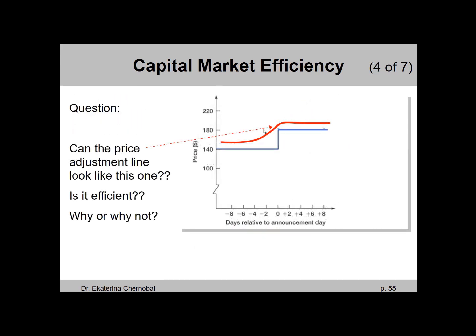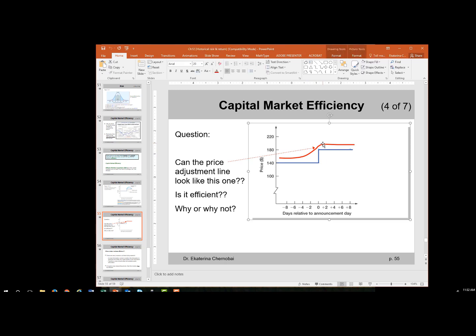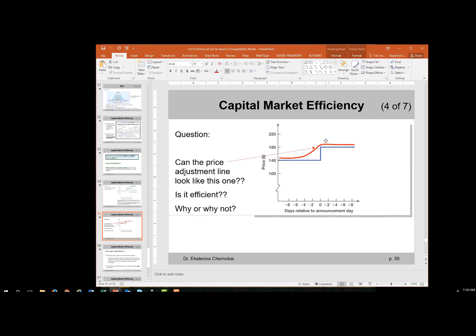What about something like this? So it's not in the book, I added it myself, the red line. So it shows how the price, actually let me fix it. It should be more like this, okay?